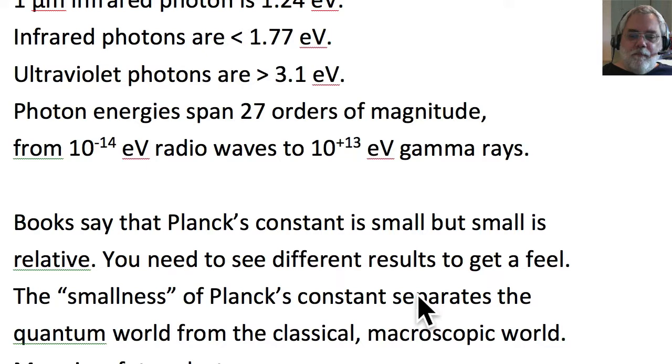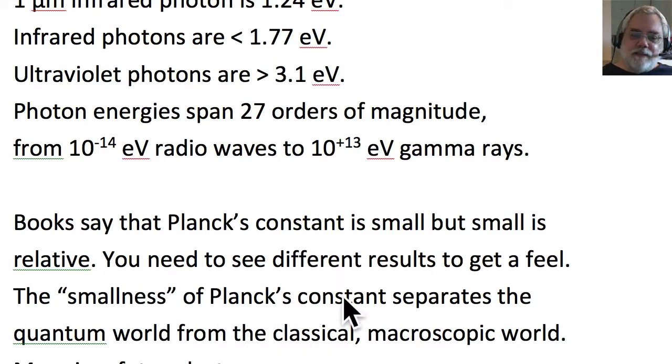But if we pick a macroscopic object, like a baseball that I'm throwing, and we calculate its de Broglie wavelength, it's going to be way wicked smaller than the size of the baseball. And so that baseball is going to behave classically. We don't need quantum mechanics for it.